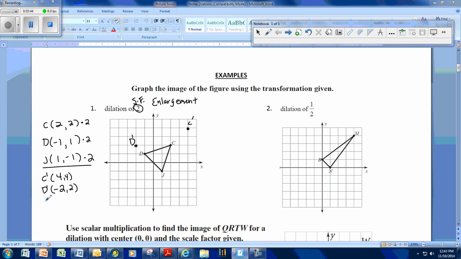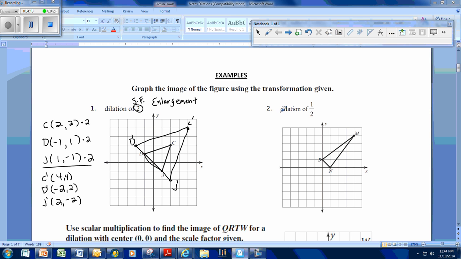That's D prime. And J prime would be 2, -2. All right, so I just multiplied all the points by 2 because that was the scale factor. 2, -2 would be right there. Now if I connect those, you can see that that original triangle, the pre-image, has doubled in size because the scale factor was 2.